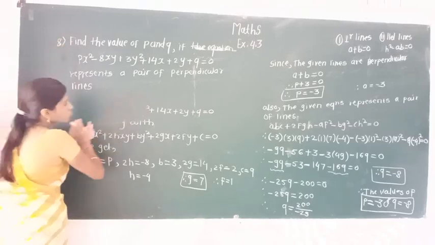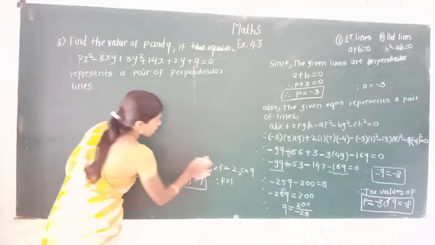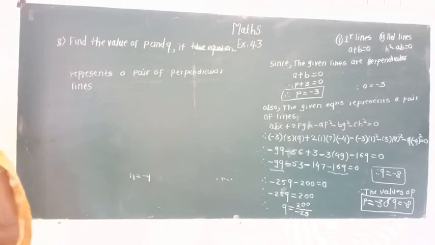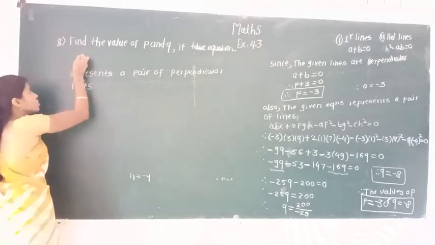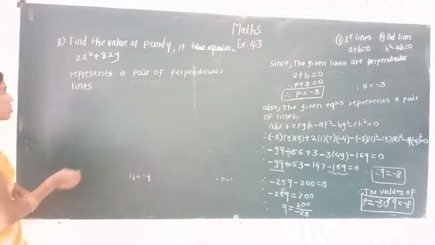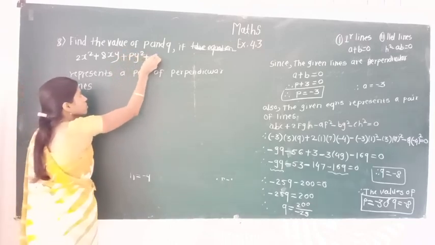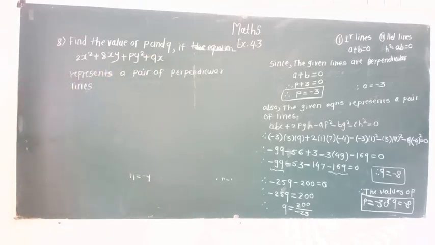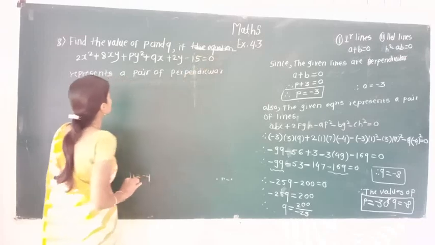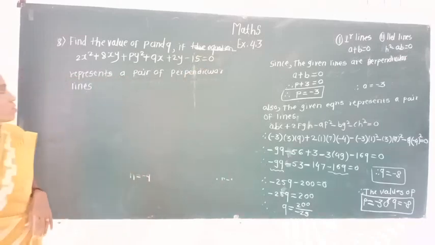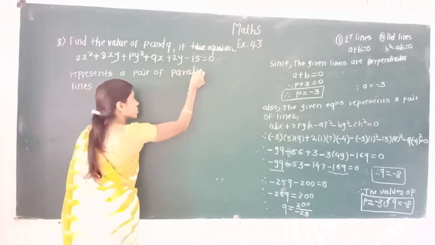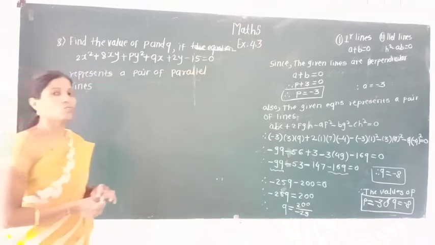Find the value of p and q if the equation, write down the equation: 2x square plus 8xy plus py square plus qx plus 2y minus 15 is equal to 0, represents a pair of parallel lines. And this question write down for homework.